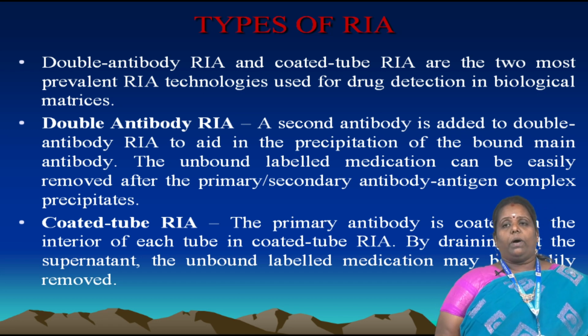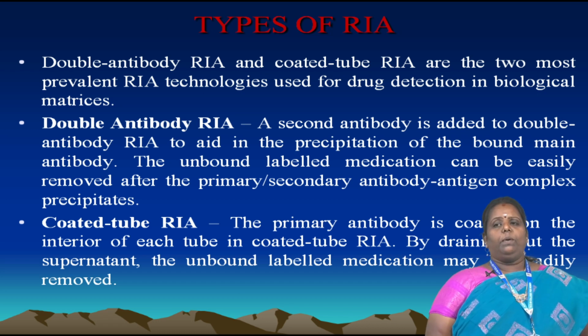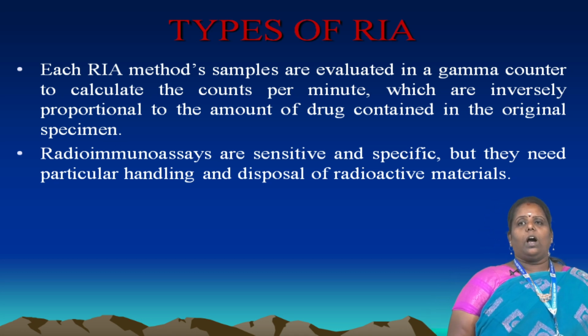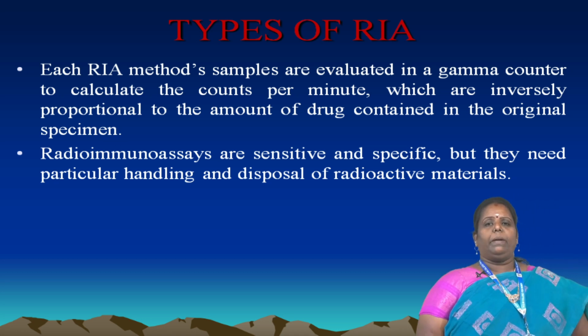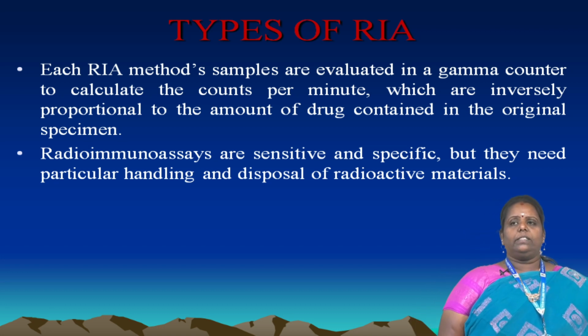Another one is coated tube RIA. The primary antibody is coated on the interior of each tube, and in the coated tube RIA the supernatant is drained out. The unbound labeled medication may be readily removed. After that, a gamma counter is used to calculate the counts per minute, which are inversely proportional to the amount of drug contained in the original specimen.